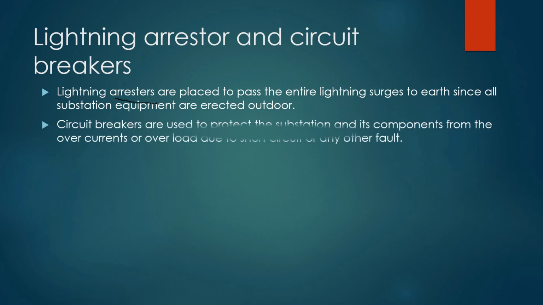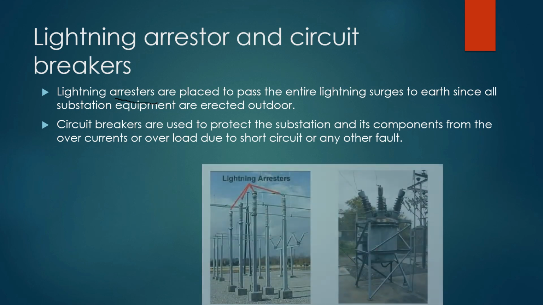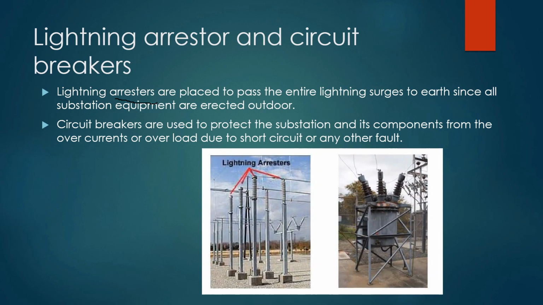And then circuit breakers are used to protect the substation and its components from overcurrents or overload due to short circuit or any other faults. And then we can see an example here. These are lightning arresters. I'm sure you have seen them installed. And then here we have the circuit breakers.